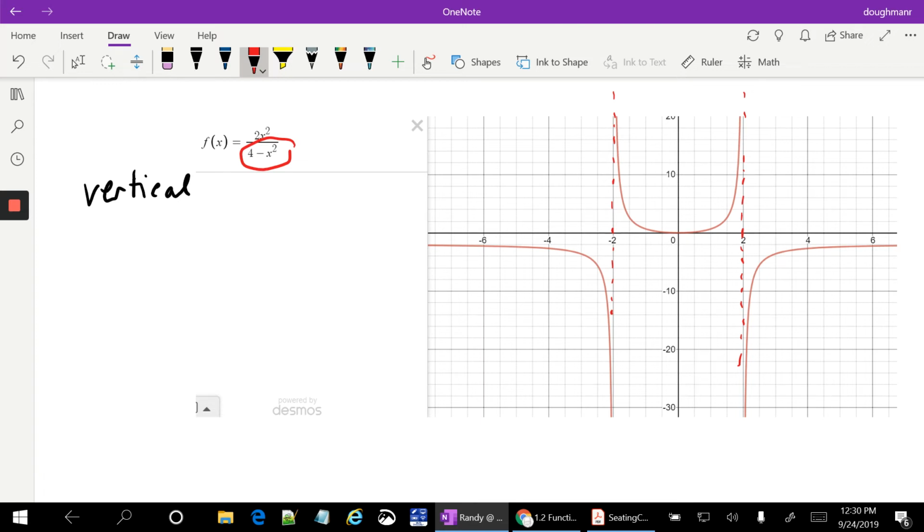Remember that 4 minus x squared is the same as 2 minus x times 2 plus x. And they can't be 0, which means 2 minus x can't be 0, which means x can't be 2. X plus 2 can't be 0, which means x can't be -2.